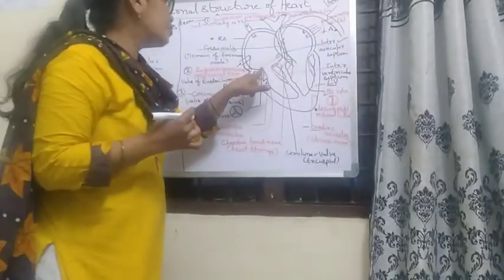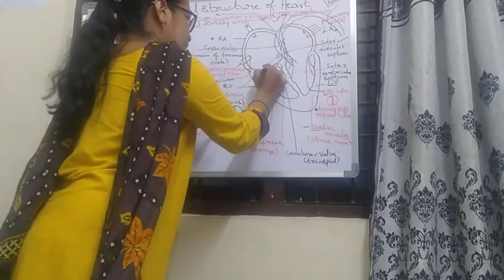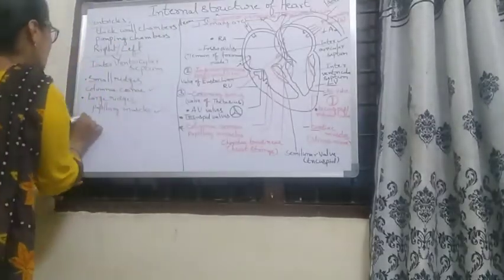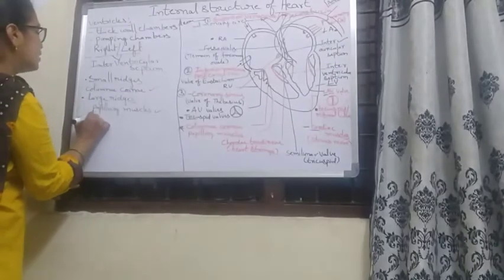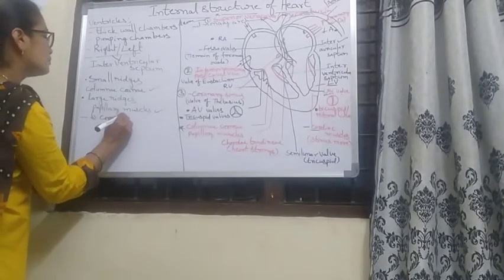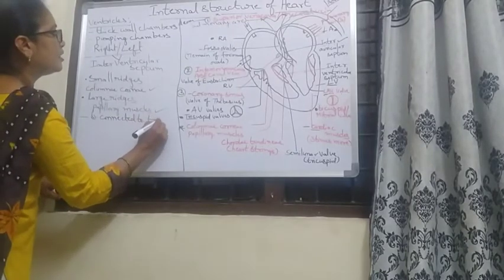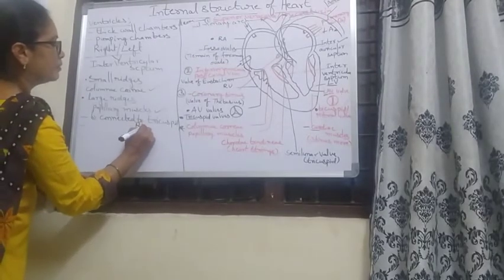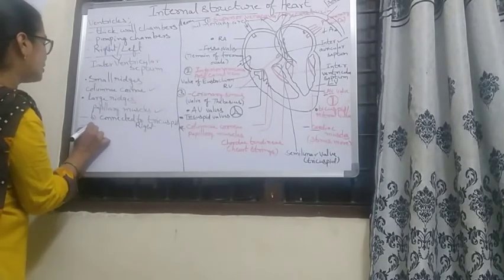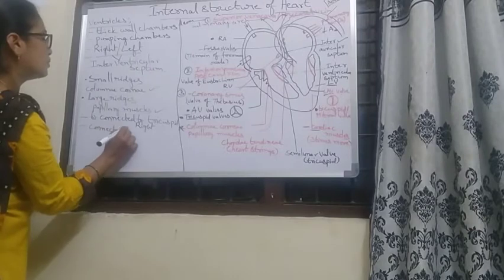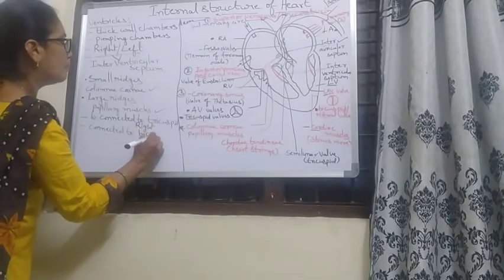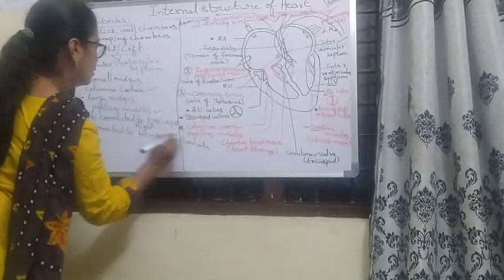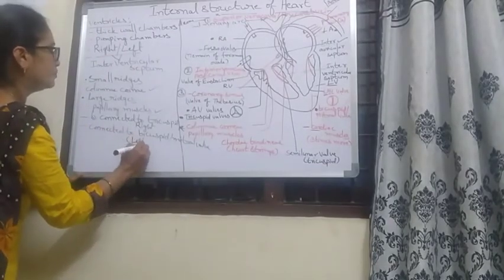They help to connect to the valves. The papillary muscles are connected to the tricuspid valve on the right side and to the bicuspid valve, also called the mitral valve, on the left side. Do you understand?